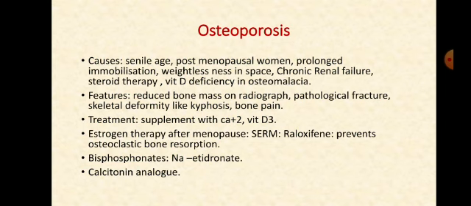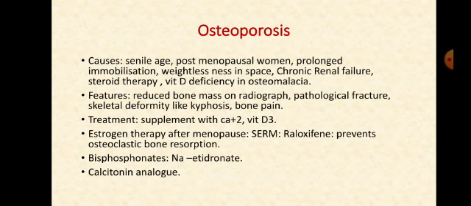And osteoporosis may give rise to different symptoms like reduced bone mass on radiograph, formation of bone cyst, pathological fracture, and skeletal deformity, which is very prominent in the spine in old age, producing kyphosis, scoliosis, etc. There may be severe bone pain at different sites. So this is osteoporosis.